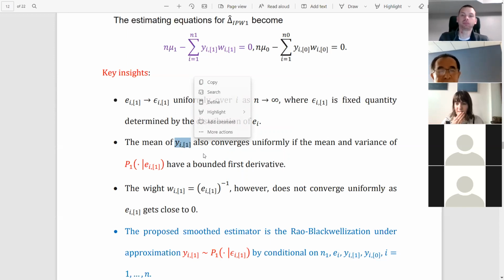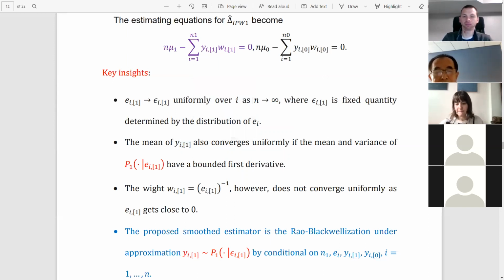Yeah, I think what you said is right, but I'm counting on, in most cases, this being a smooth distribution over the propensity score. So when the propensity score changes a little, the distribution of y will not change too much. That does sound reasonable. I agree.